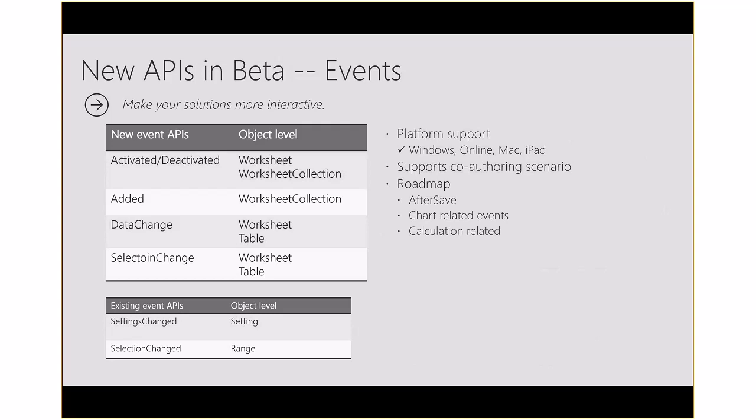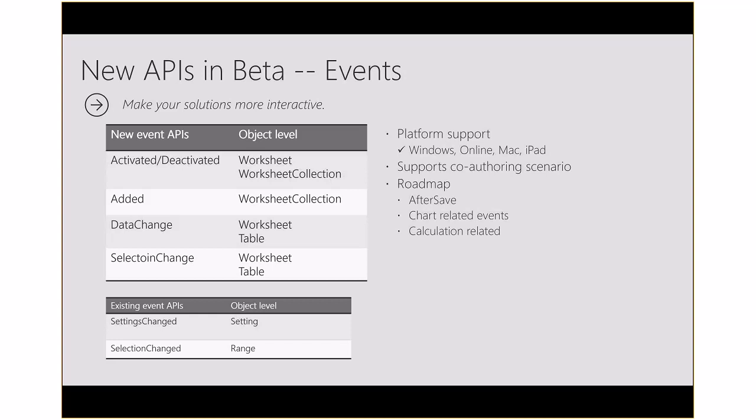So at the worksheet level, you can now detect activation and deactivation. You can also register for worksheet add events, so for any worksheet that gets added to the workbook, you can listen in on those. We've had data change events, but those were based on the binding, which means you had to create a binding first and use that as a key to register for the events.